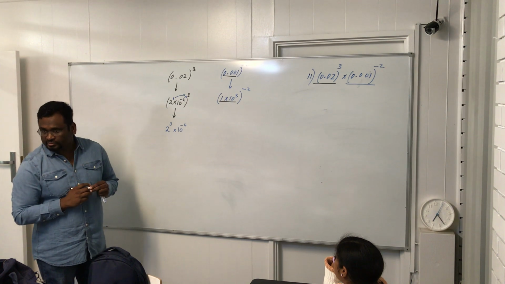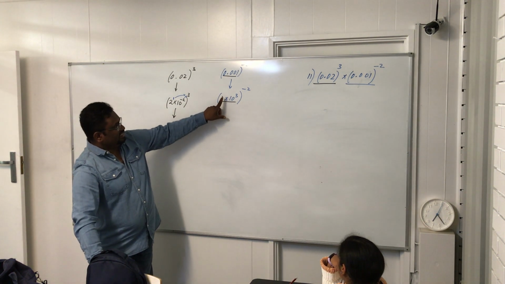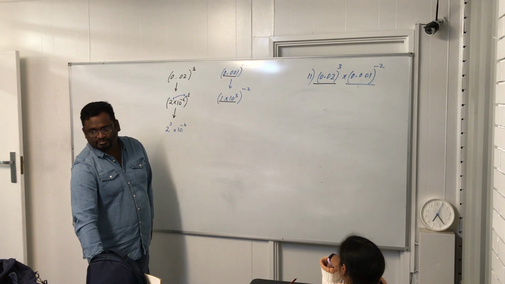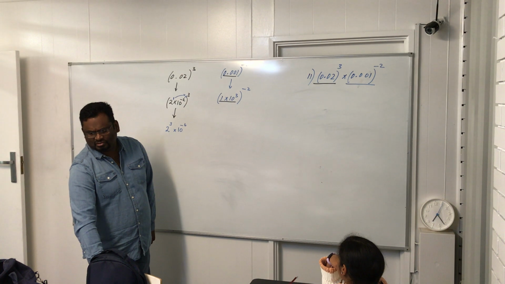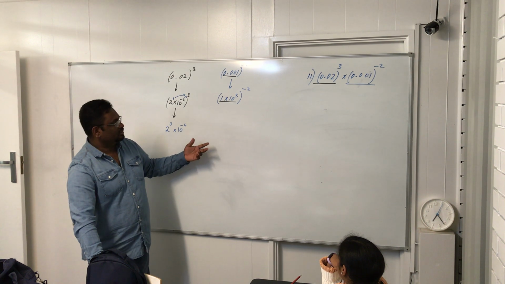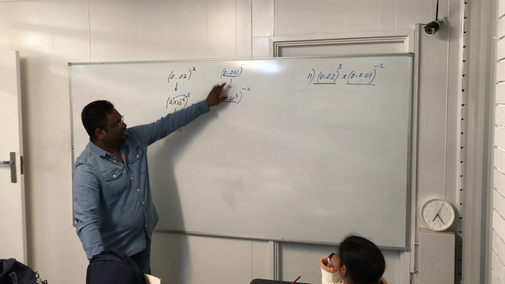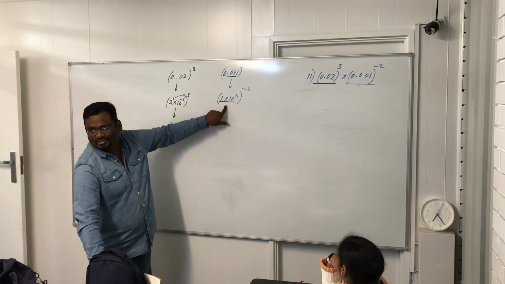Now how do you check? Is it 1 times 10 to the minus 3 here? No. Why not? 3 times 2, so then what should it be? Negative 6. I'm asking whether this is correct.